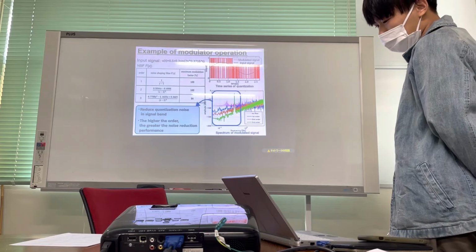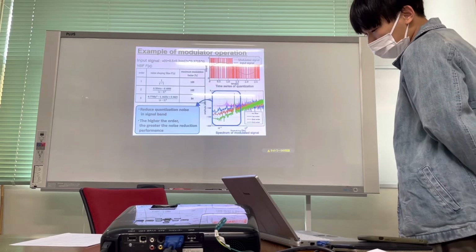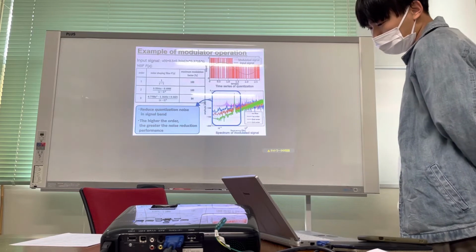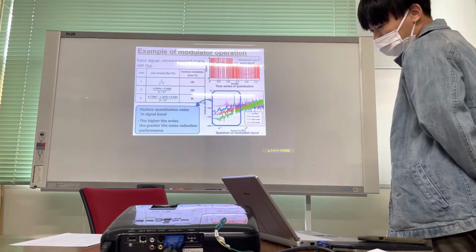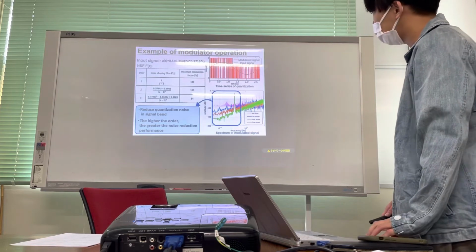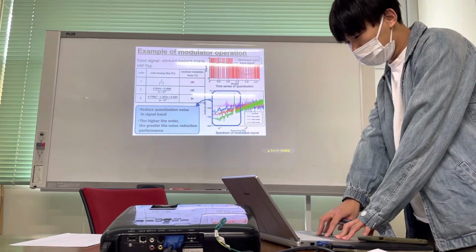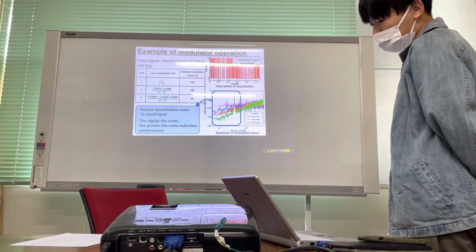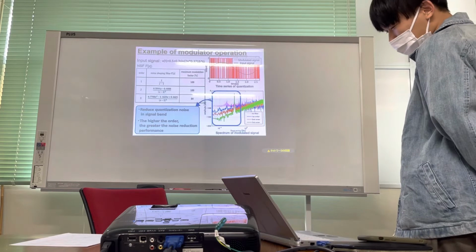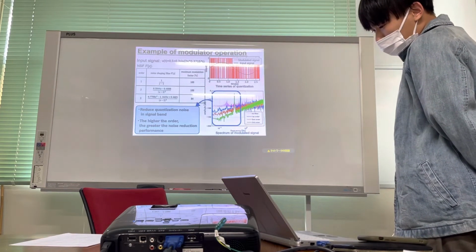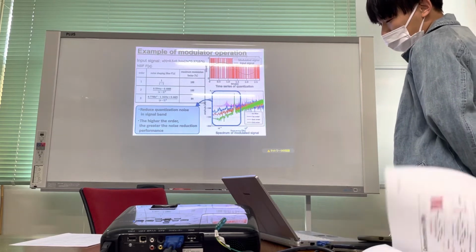As you can see from the spectrum, delta sigma modulation reduced noise in the low frequency region, reducing the effect of quantization noise in the low frequency signal band. In addition, it can be confirmed that increasing the order of the noise shaping filter also improves the low frequency noise reduction performance.